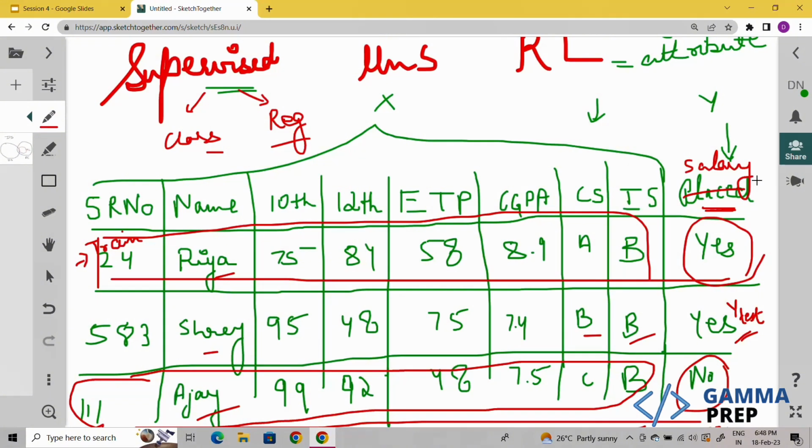It does not have some fixed number of categories. The salary could be 5 lakhs, 5.1 lakh, 5.1333 lakh, 5.13325 lakh, it could be anything. So salary is basically a continuous variable, and if our target is a continuous variable, it is a regression problem. If our target is a categorical variable, it's a classification problem.